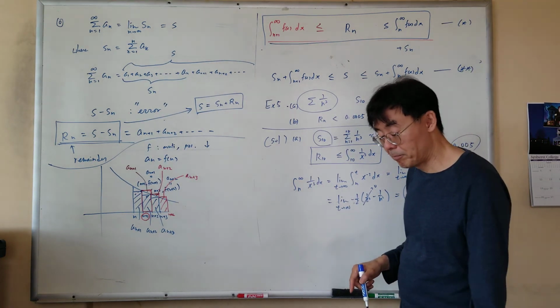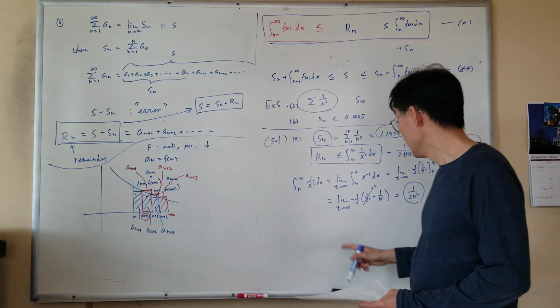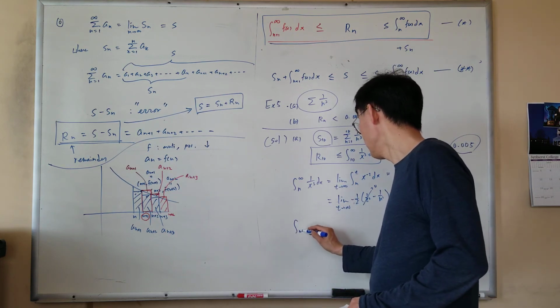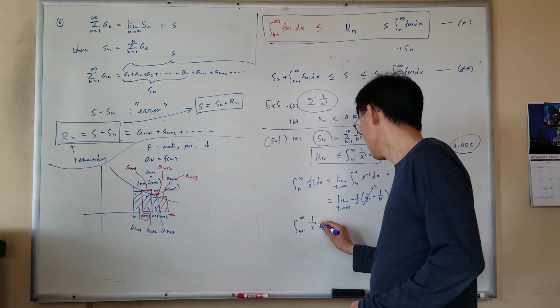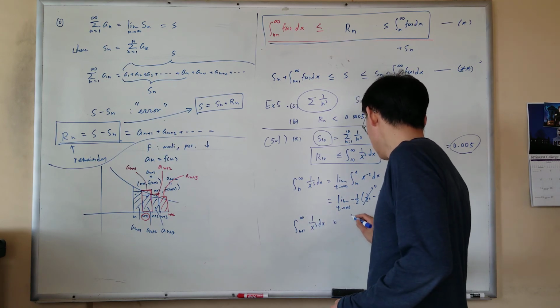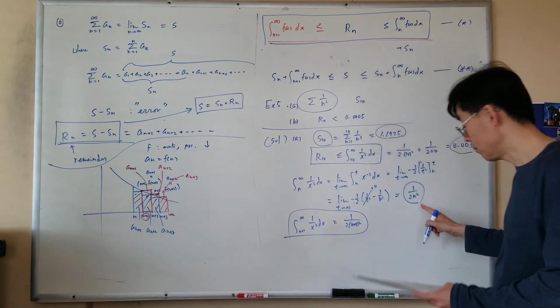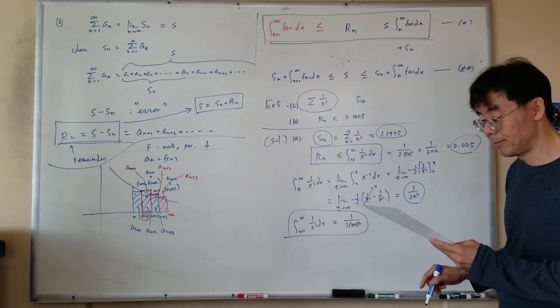Okay. And because of this, you can say that the integral from n+1 to infinity of 1 over x cubed dx is definitely 1 over 2(n+1) squared, right? You just change n to n+1, that's all.